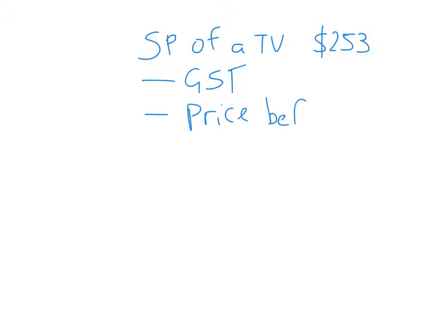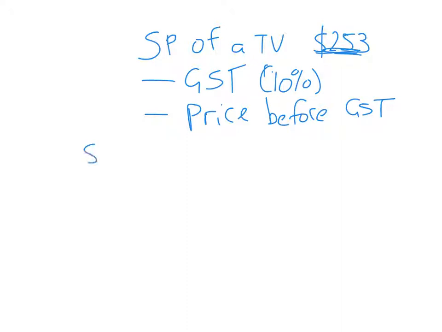So what is the price without GST? In other words, how much would JB get from this? Again, people think, oh, GST is 10%, so to find the amount of this that's GST, I just find 10% of 253, but that wouldn't work.